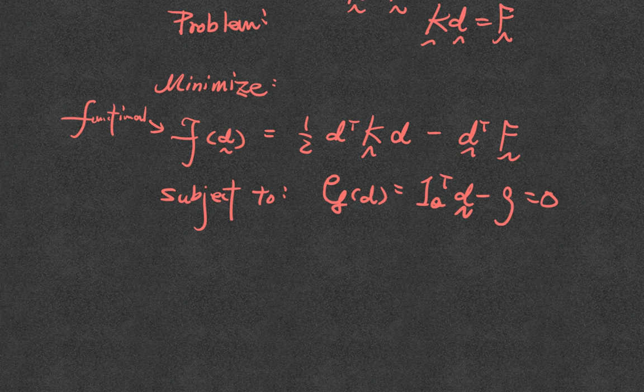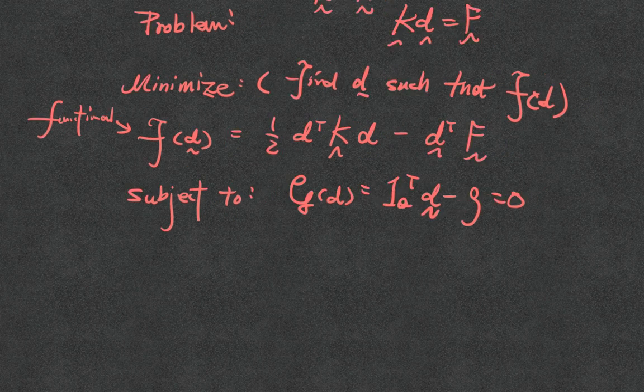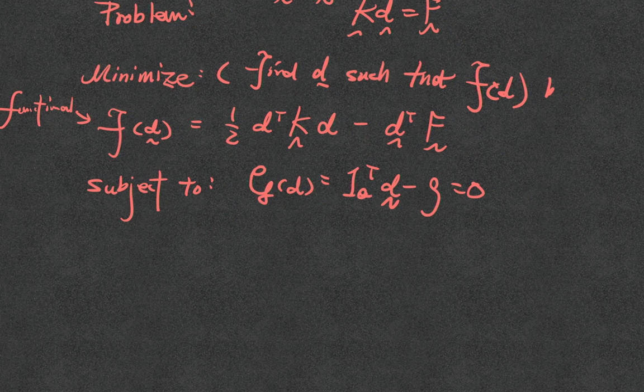When I say minimize, what I mean is find D such that F(D) becomes smallest. Oh, sorry, maybe minimize, not necessarily smallest, it could be negative.